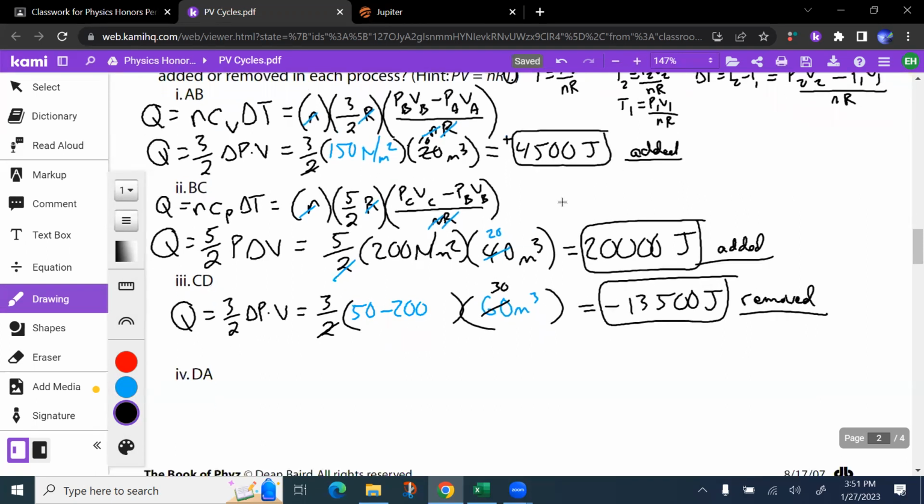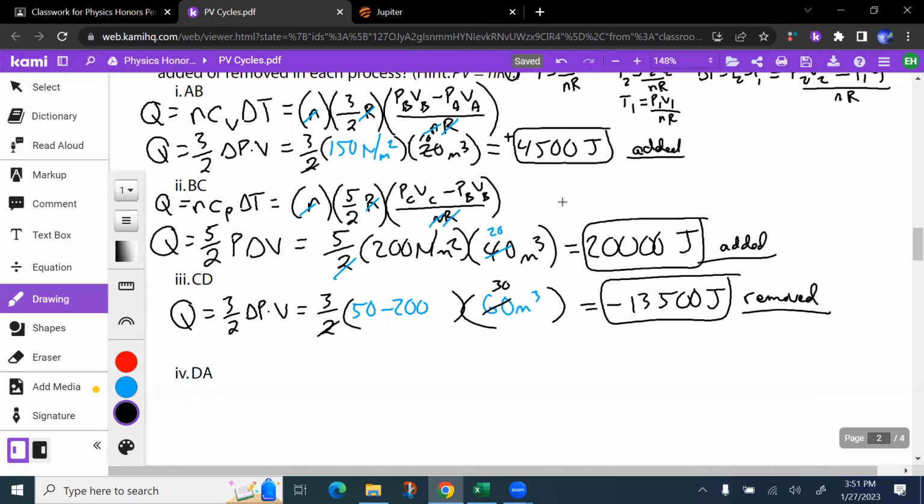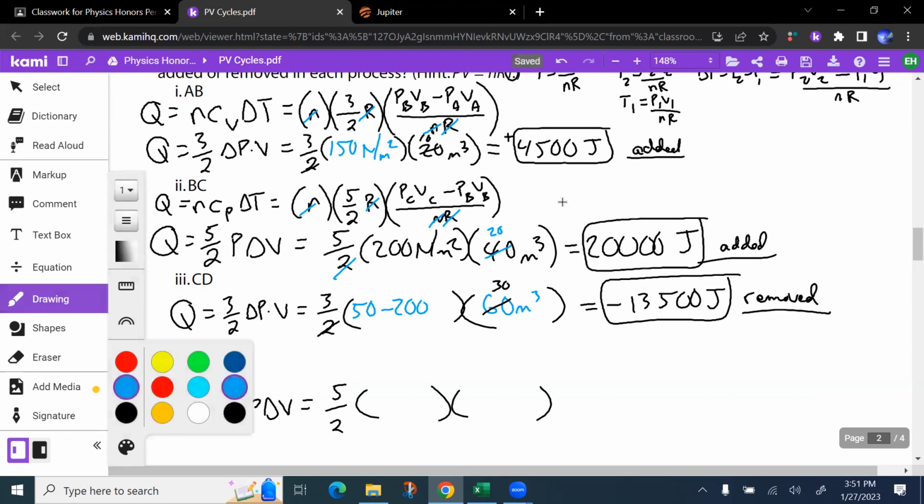Now, D to A is also isobaric like B to C was. I'm going to use the shortcut that we derived earlier, 5/2 P delta V. So 5/2 times the pressure, which stays at 50, and the volume goes from 60 down to 20.